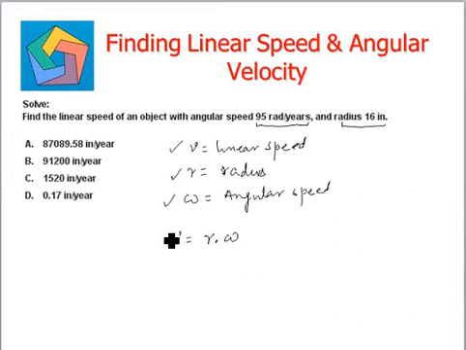Now coming back to the question, it says find the linear speed of an object with angular speed as 95 radians per year and the radius as 16 inches. So here we are given the radius, that is 16 inches, and we are given the angular speed of 95 radians per year.